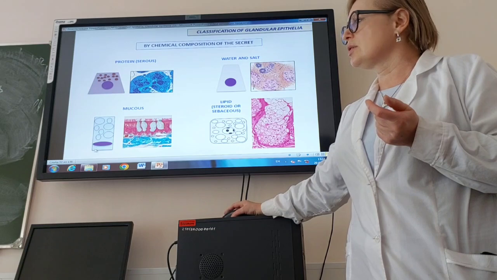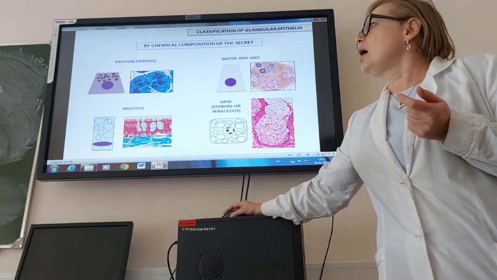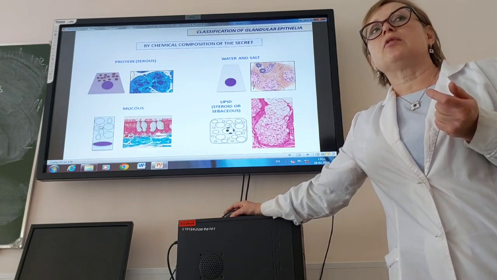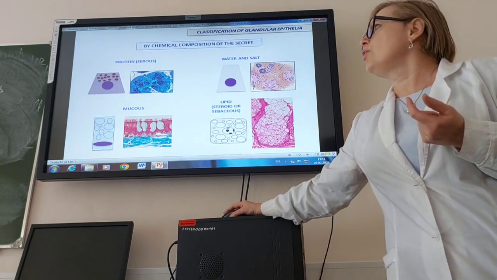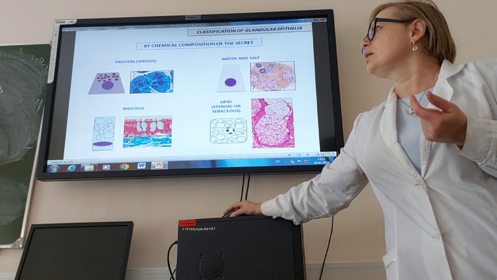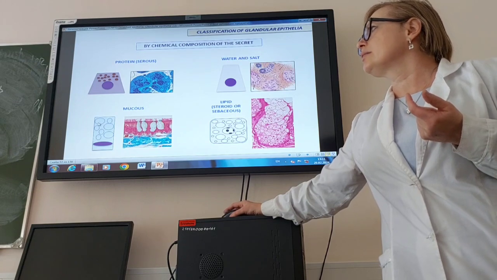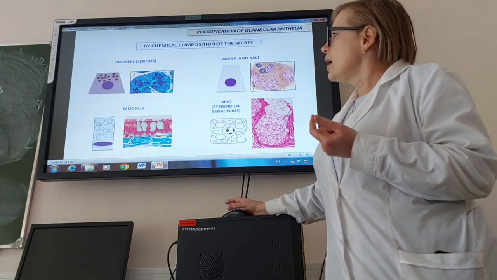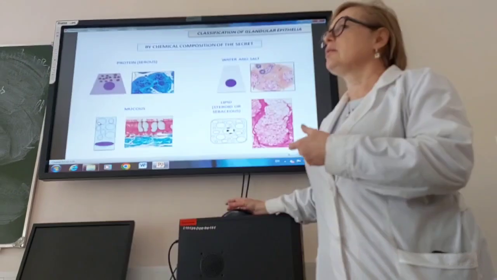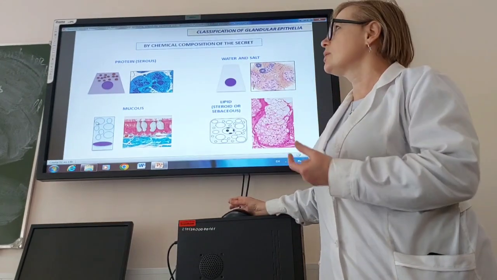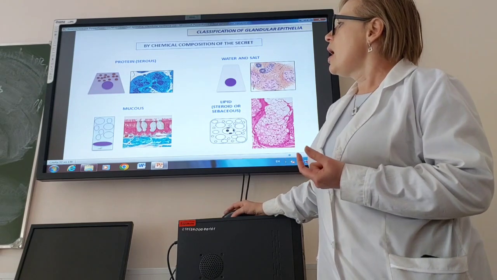Let's look at this mucus cell. Cytoplasm is very pale or sometimes unstained, because these granules that contain carbohydrates are not well stained with our dyes.